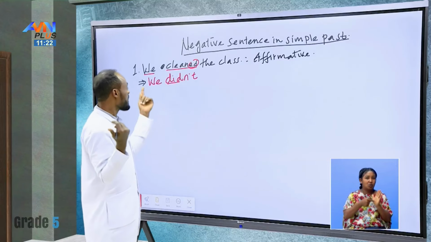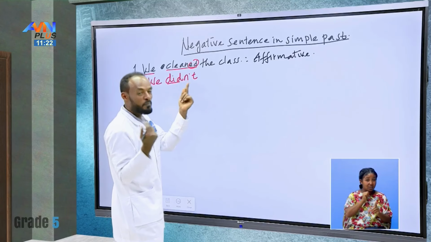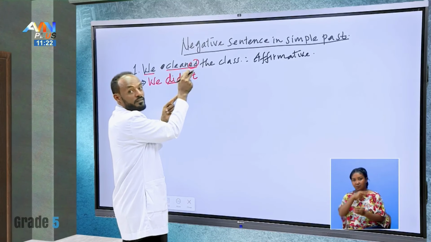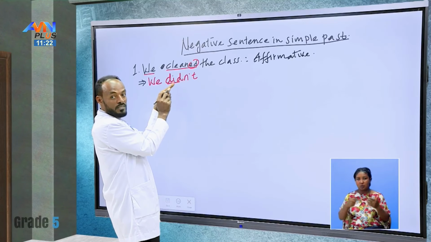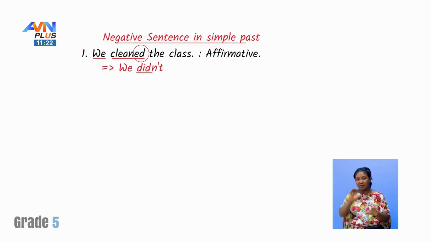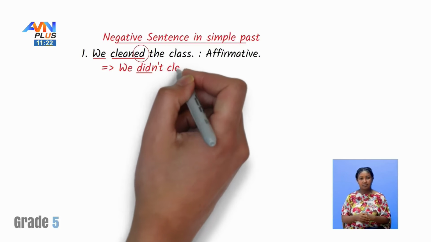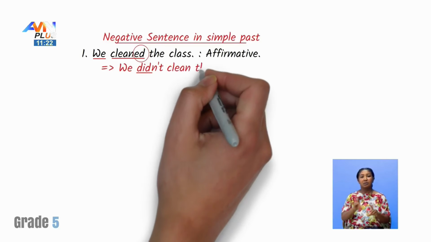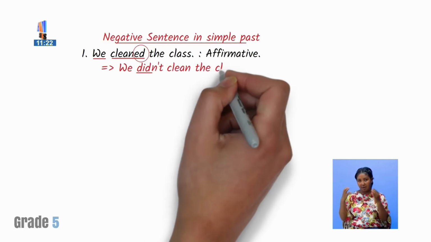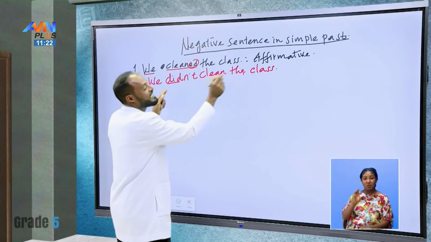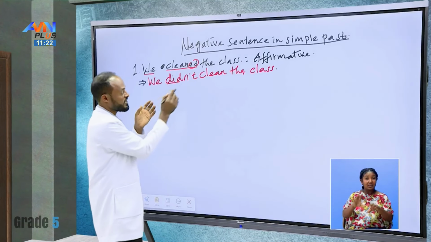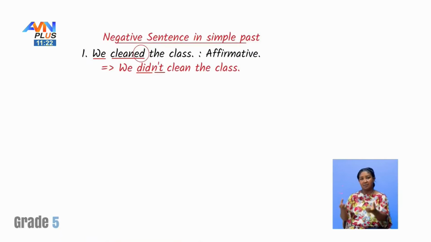Is it clear? We did not plus clean, not cleaned. We said did to show the past indicator. So we clean the class. Here, we didn't clean the class. It is negative. Is that clear?